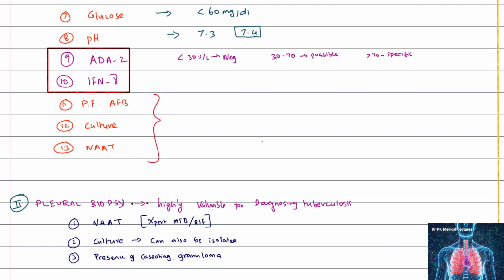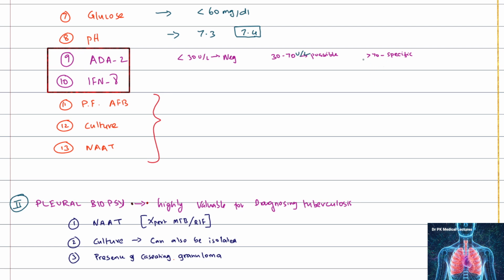Adenosine deaminase and interferon gamma are two important investigations that are highly specific and sensitive for the diagnosis of tuberculous pleural effusion. If the ADA value is less than 30, it has got a negative predictive value. If the value is 30 to 70 units per liter, then there is a possibility of tuberculous pleural effusion.